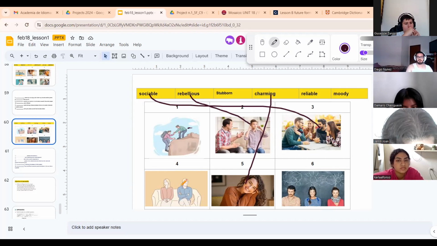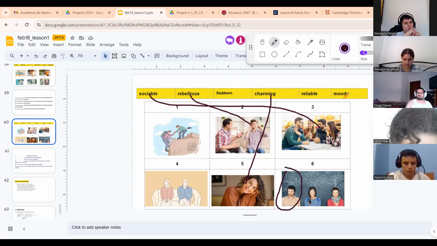Once again, these pictures can lead you to have different interpretations. I think number 6 is moody. Yes, we have this person in comparison with these two. Number 6 is this one.